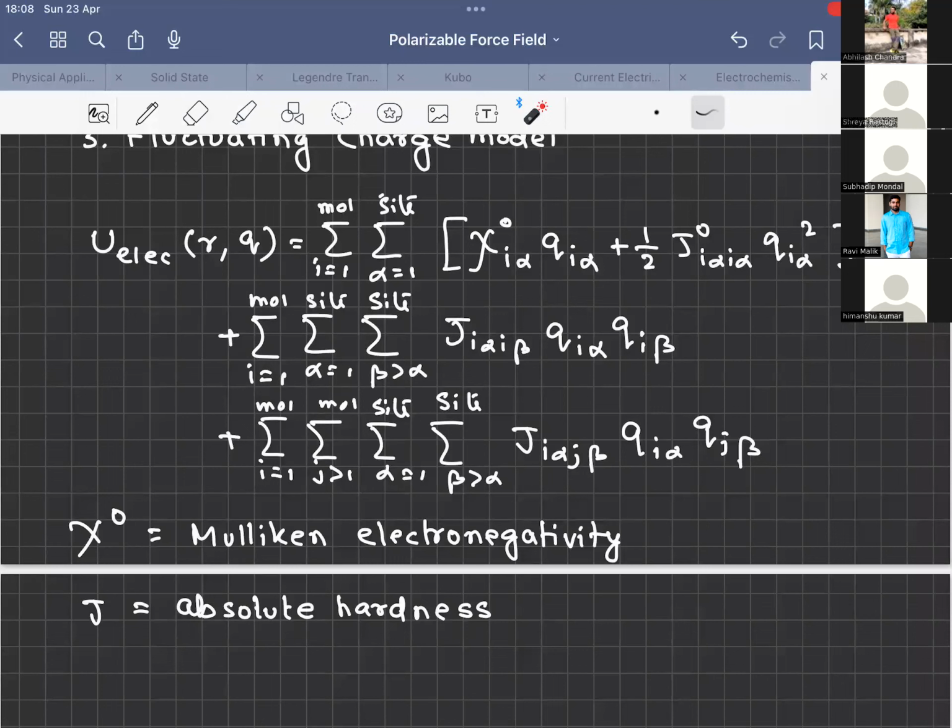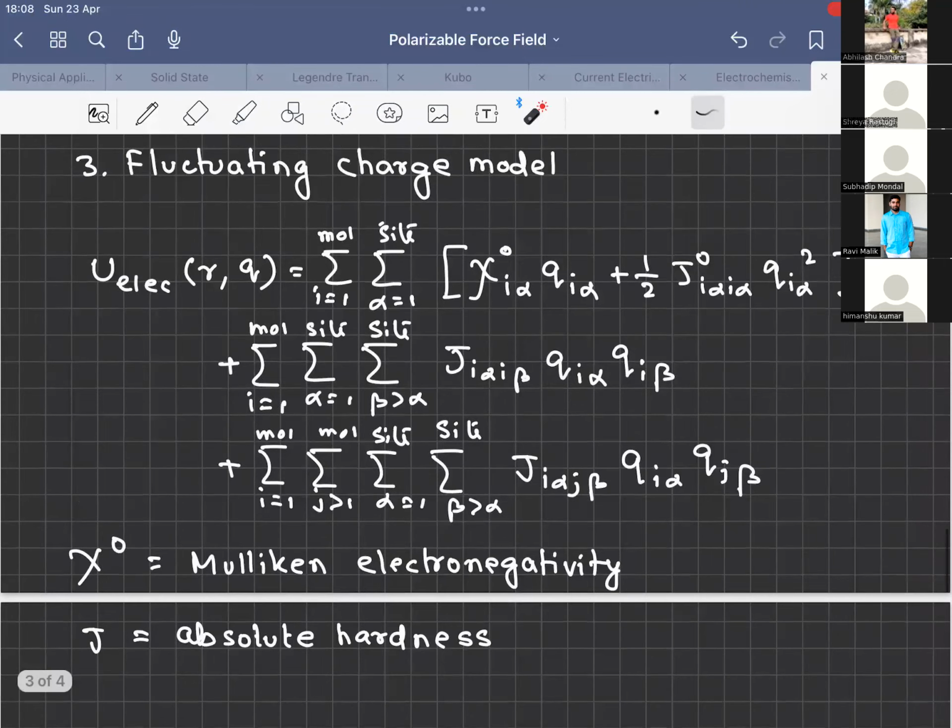But to capture the significant effect of intermolecular interaction in MD simulation, you need a shorter integration time step, so that again makes the computational cost high for this type of model.